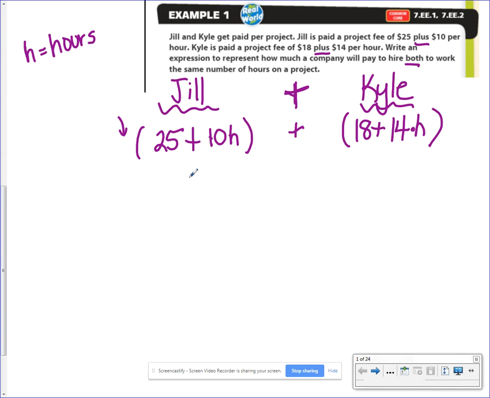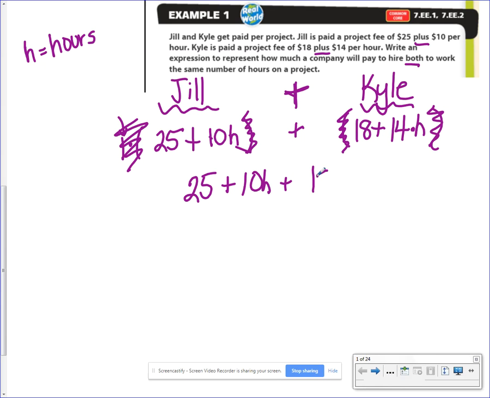But there's nothing in front there. Well, really, it's like a 1 times this, but distributing a 1 wouldn't change anything. So kind of, it's like these parentheses aren't really necessary. I have 25. I have a 10H plus, same thing here. There's nothing to distribute. So I really just have this whole string of 4 terms.